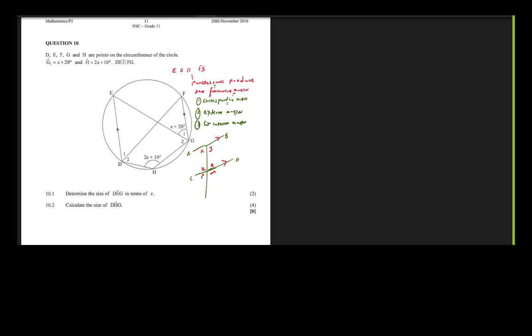We have got corresponding angles on this shape. Which angles do you guys think are corresponding angles? Angle Y is equal to angle M. These are the corresponding angles. Angle Y corresponds with angle M.